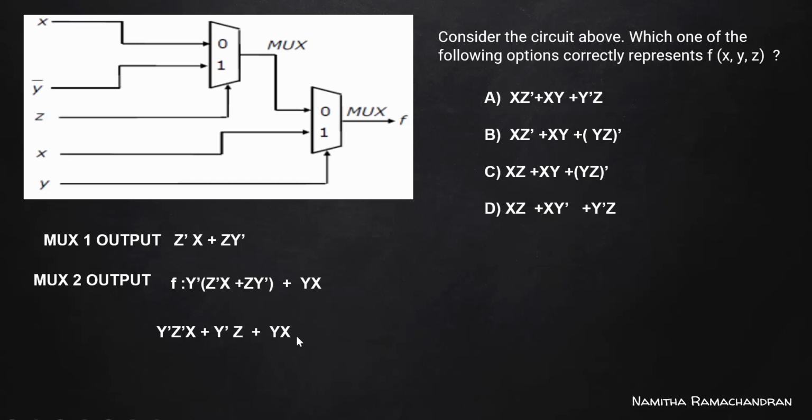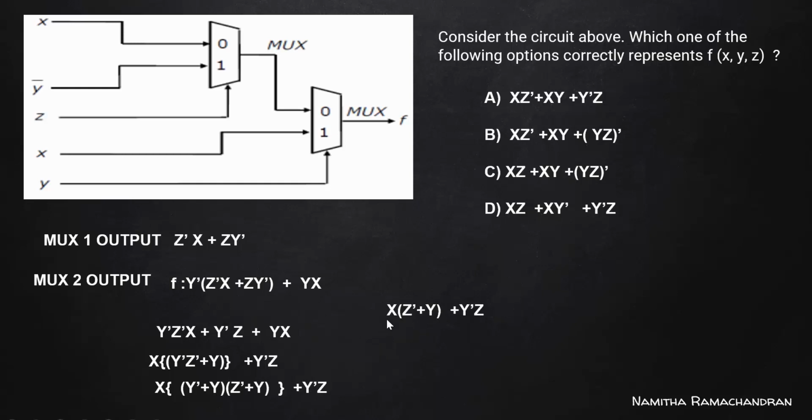So for that, consider X common to this and this. Take that X out and it becomes Y dash Z dash plus this Y, and keep this term as it is here. Now we can distribute this OR here. So it becomes Y dash plus Y and Z dash plus Y. Y dash plus Y is actually 1.